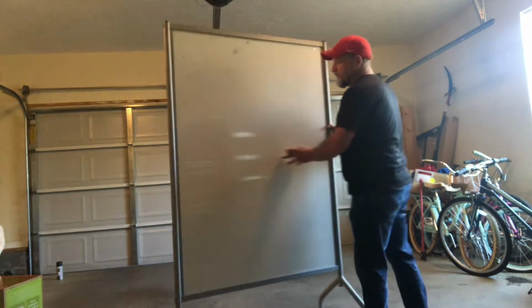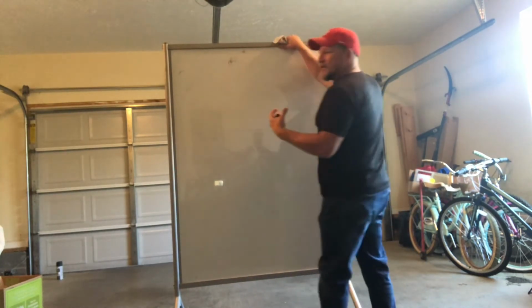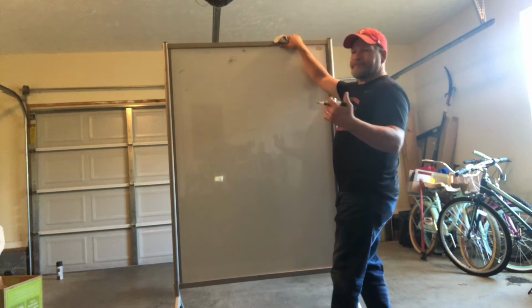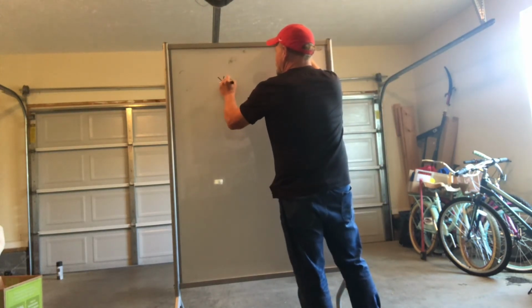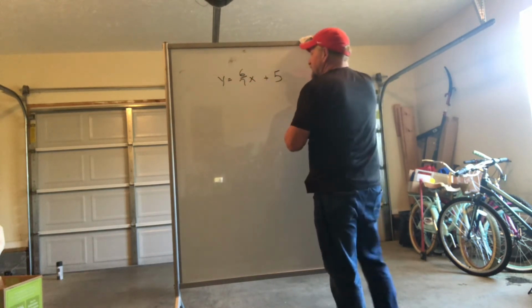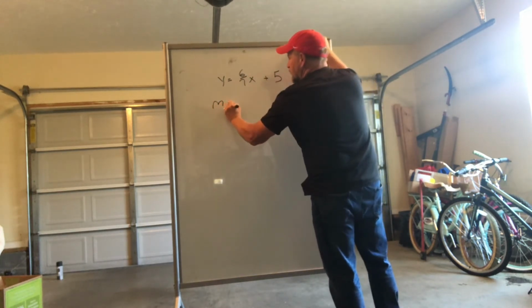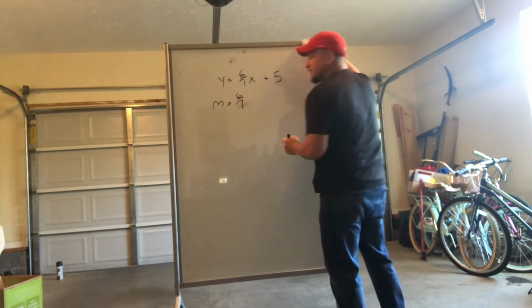Let's take a look at that. Let me turn the board around. Okay, so what if I said, let's find the perpendicular slope to this given line. So I've got y equals 6/7 x plus 5. Well, my original slope, I pulled that out, is 6/7.